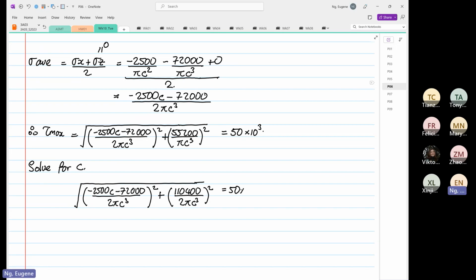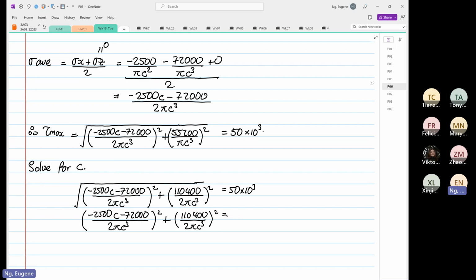So this is 50 times 10 to the power 3. So what I'm going to do now is square both sides. So we'll get minus 2500 C minus 72,123 divided by 2 pi C cubed squared, plus 110,400 over 2 pi C cubed.